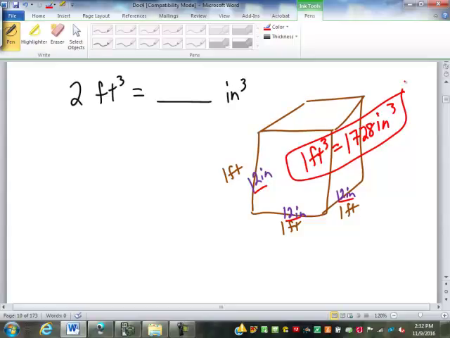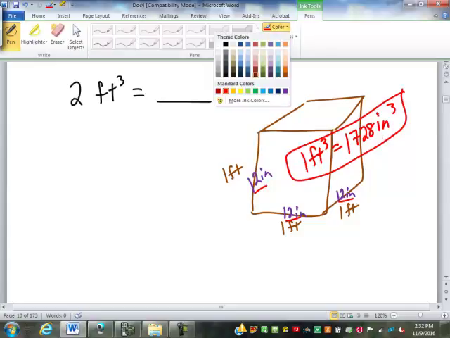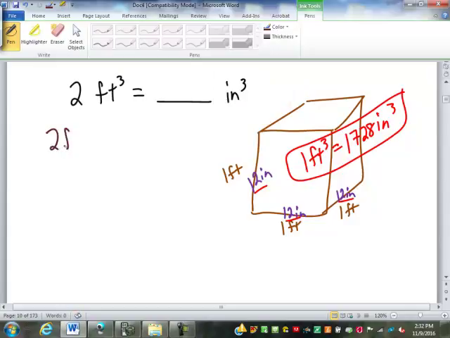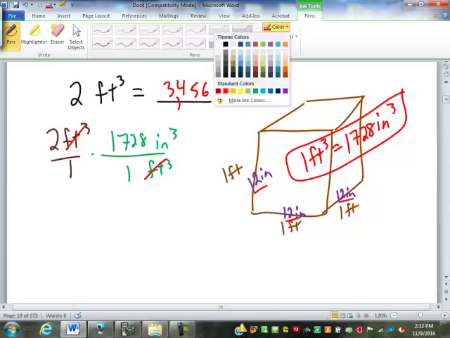So 1 cubic foot is 1,728 cubic inches. So 2 cubic feet, put it over 1. We'll put our cubic feet on bottom here, 1,728 cubic inches on top. So the cubic feet cancel out. 2 times 1,728 is 3,456 cubic inches.